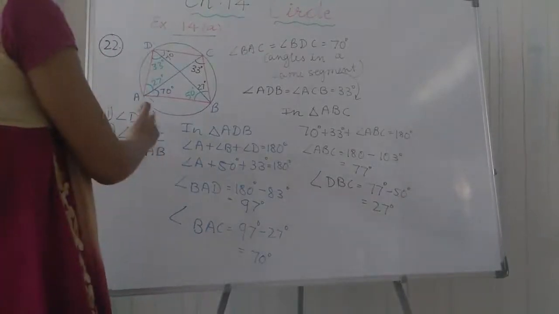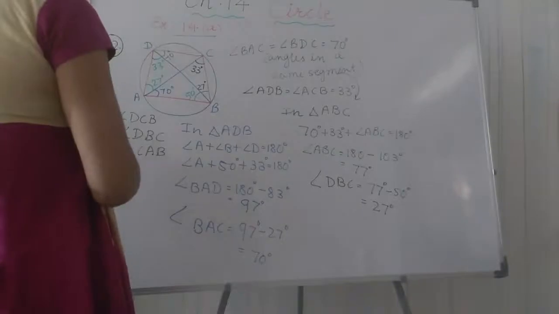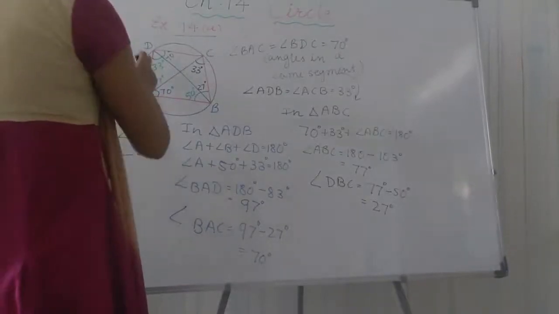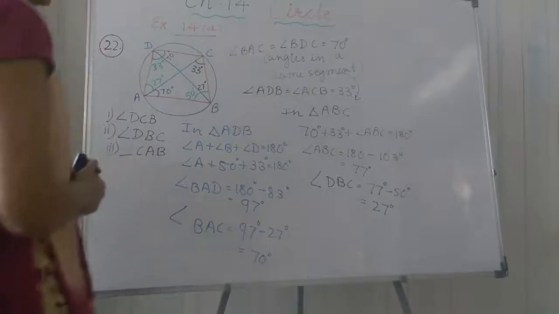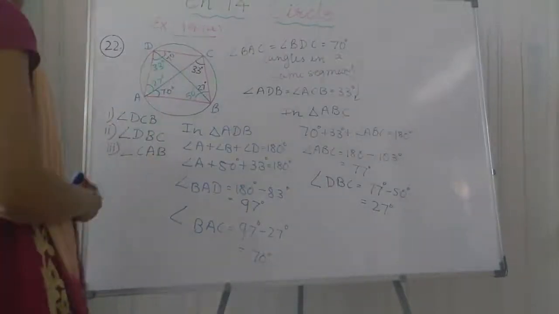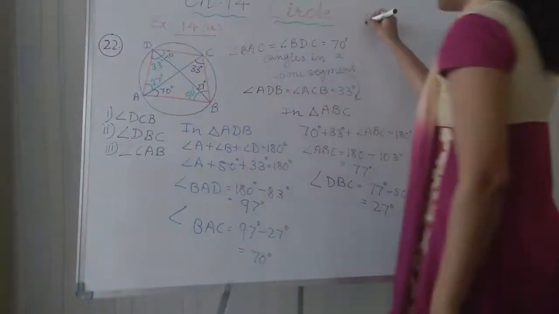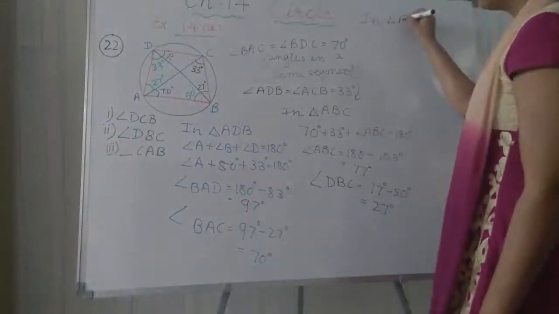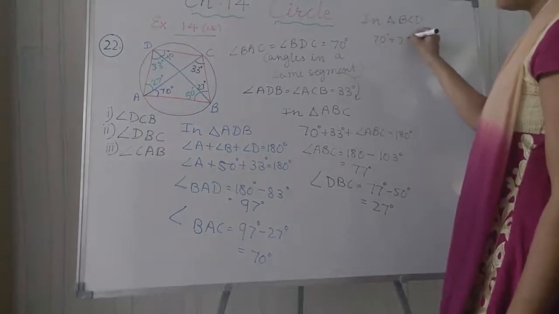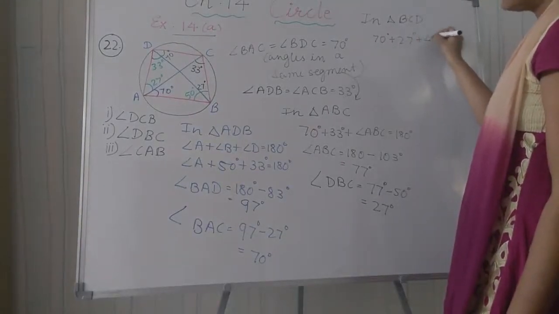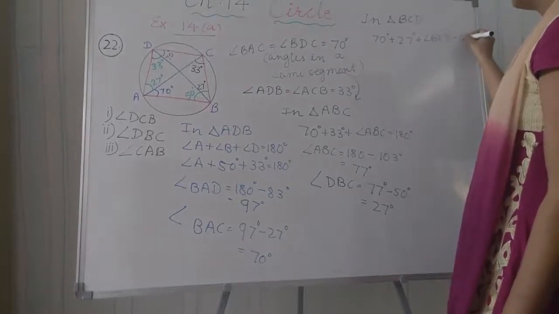Now DCB. So this way I want to find this angle in triangle BCD. Let me take angle sum property to get this angle. So writing here in triangle BCD, 70 degree plus 27 degree plus angle BCD is equal to 180 degree.